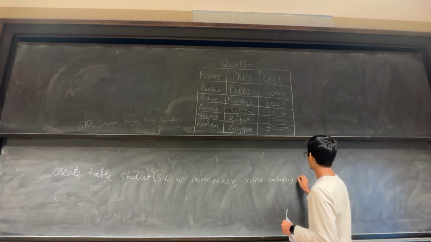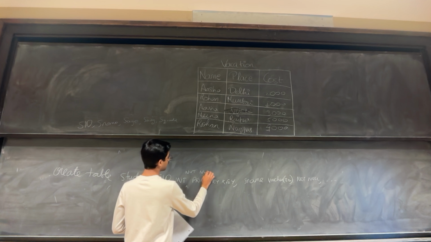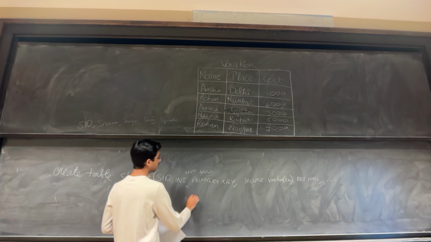Okay, so what I just did essentially is I made my student ID column a primary key, which means that it has to have a value and it cannot have the same value appearing in it twice or more. You might also see people write SID int not null primary key.